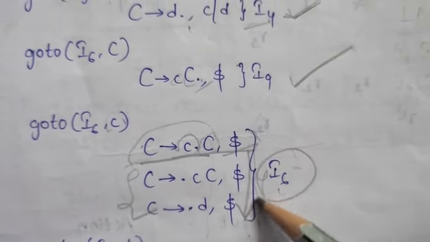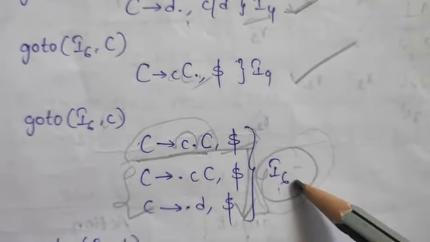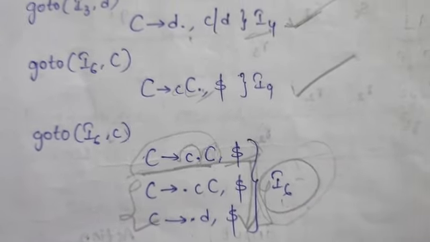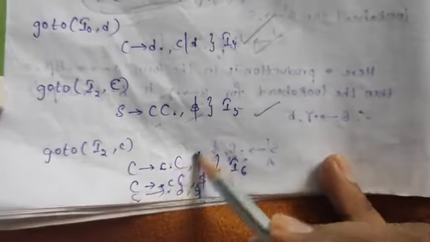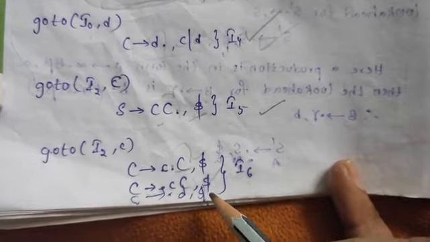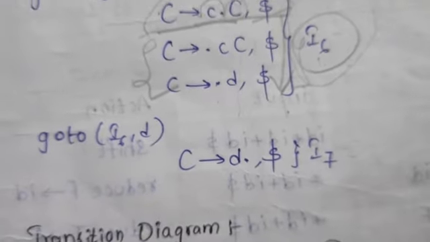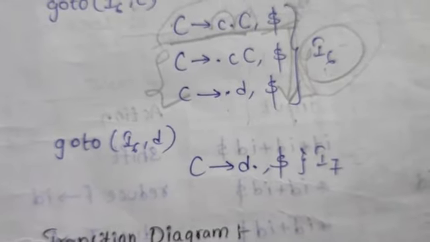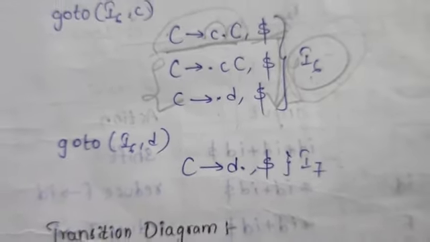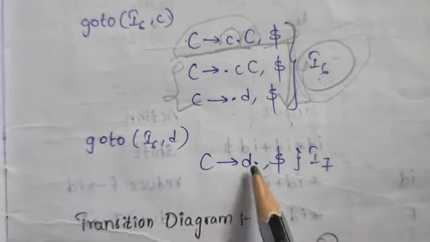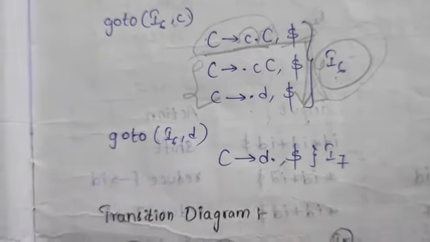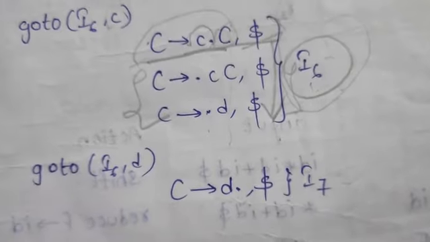For that reason I am not giving a new number, it will simply be I6. Again these two productions are completed, and only one production remains, C tends to dot D comma dollar. So here also in I6 the dot is moving by D, and we simply place C tends to D dot comma. Here the look ahead is nothing but a dollar. For that reason we place dollar here.